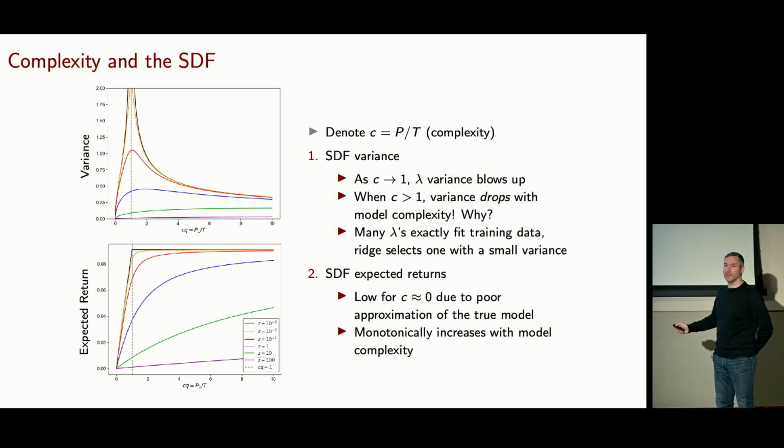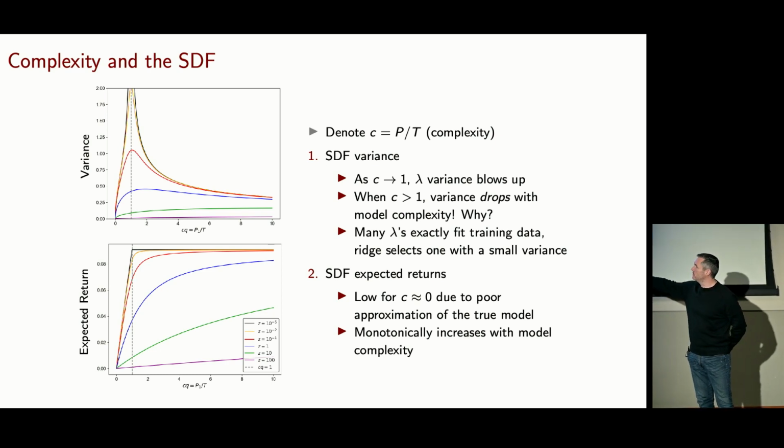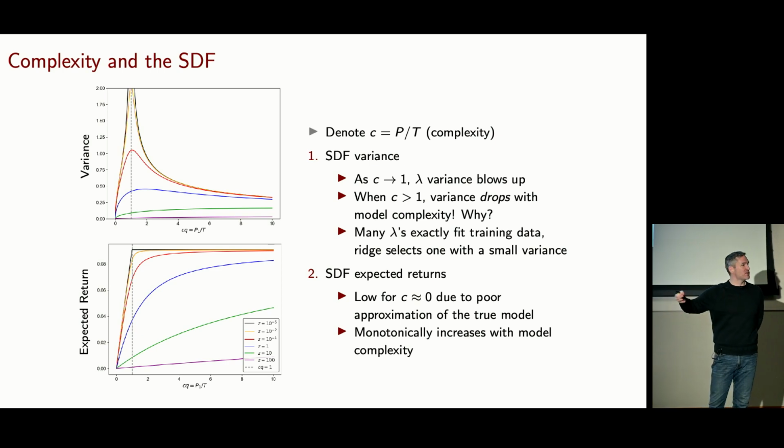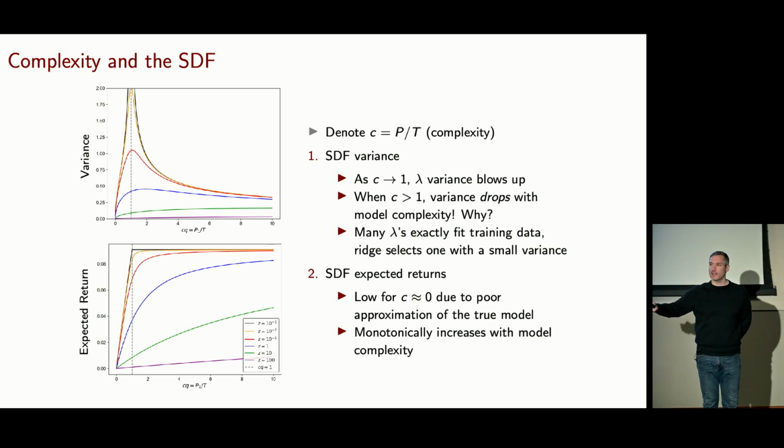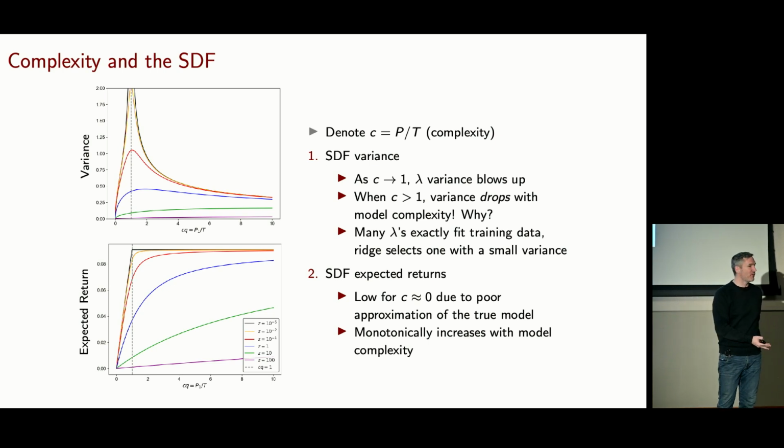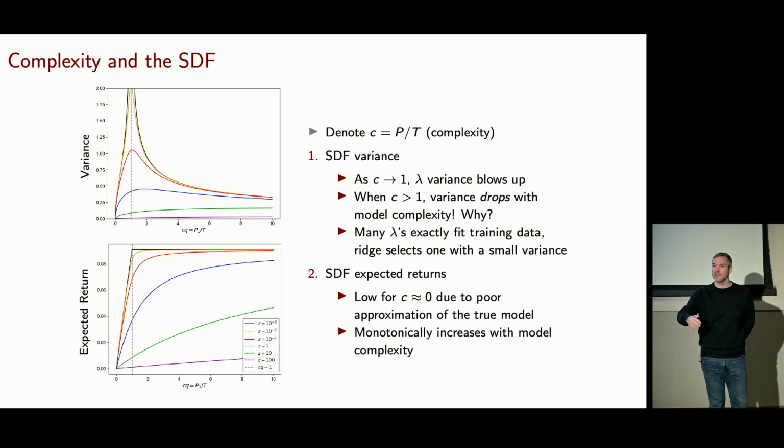Okay, so why is it that the variance of my estimated SDF looks like this out of sample? Well, I start with a small model, and the SDF out of sample has small variance. This is exactly because whether I have a correctly specified model or not, if I have a lot of data relative to the number of parameters, those parameter estimates converge to something that looks like a constant.